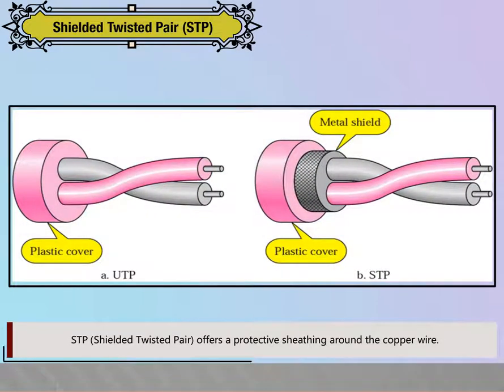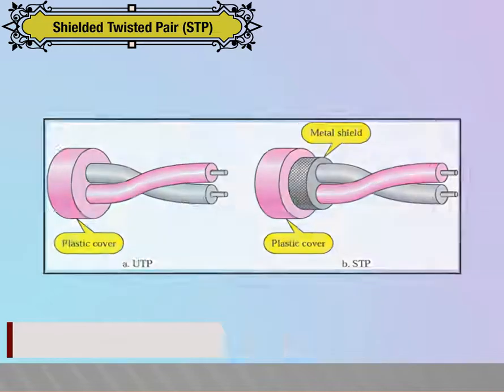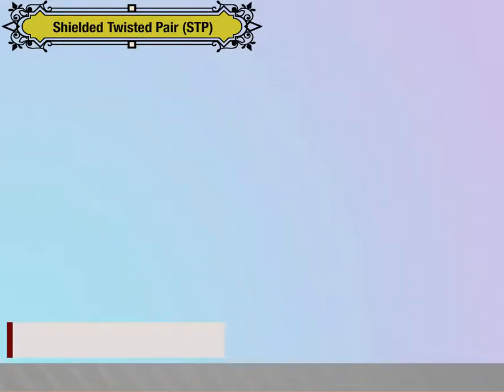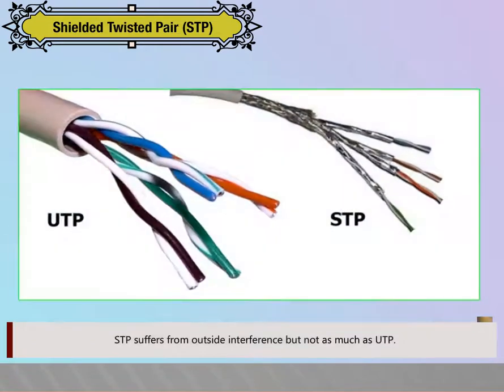STP offers a protective sheathing around the copper wire. Distance is limited from 100 meters to 500 meters. STP suffers from outside interference but not as much as UTP.